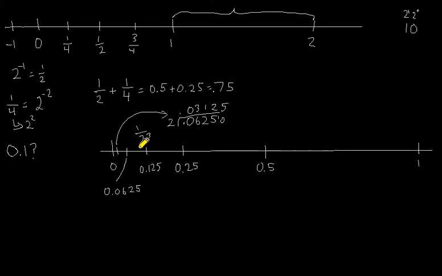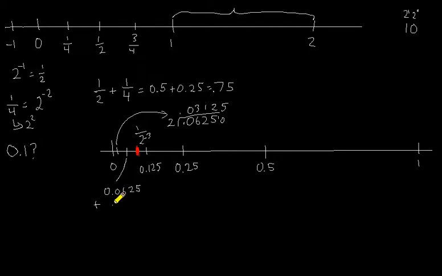If we wanted to get to 0.1, 0.1 is going to fall somewhere around here. Actually, let's go with a different color so you can see where we want to go better. So in the red, we want to go somewhere around here. But in order to get to there, we have to add these fractional components in to get there. We can't start with 0.125. That's too large. 0.0625 is going to be too small, so we can try to add another part onto it.